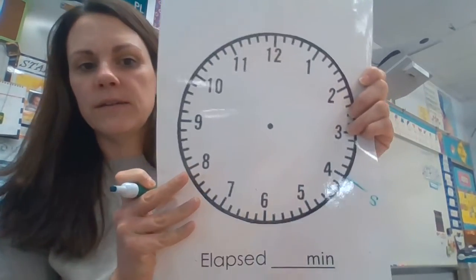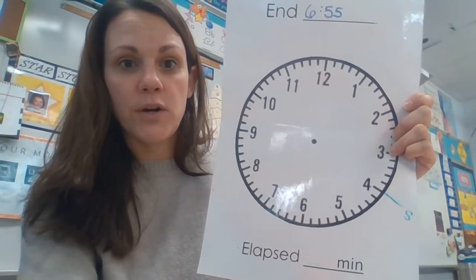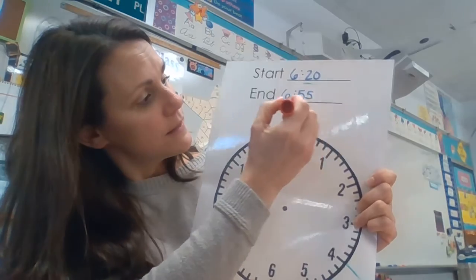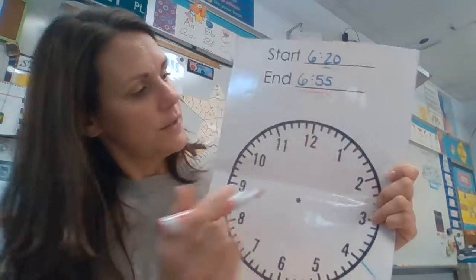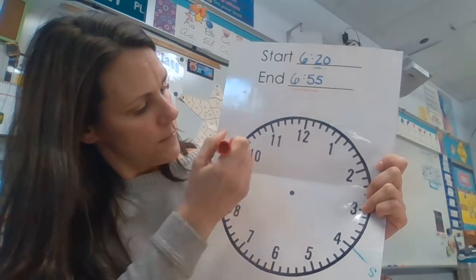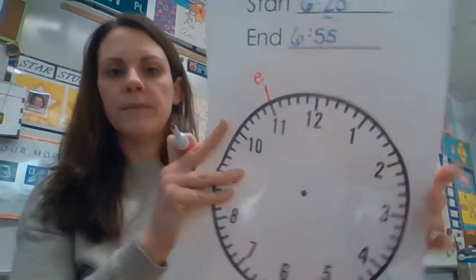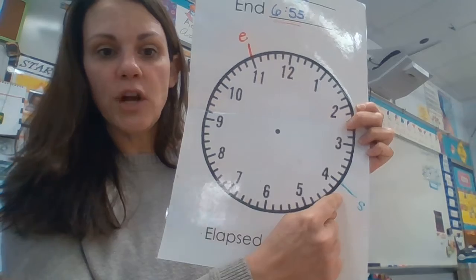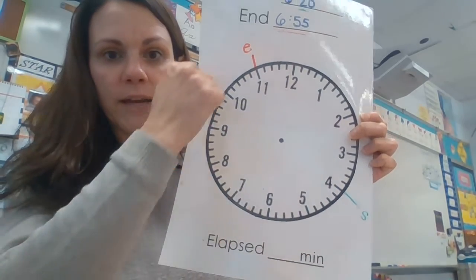I'll even write an S. And then our red marker is our stop time or end time, 6:55. So we go 5, 10, 15, 20, 25, 30, 35, 40, 45, 50, 55. So these marks are very important because they let us know where the meeting starts and where it ends.